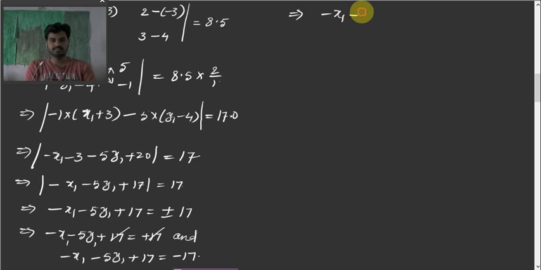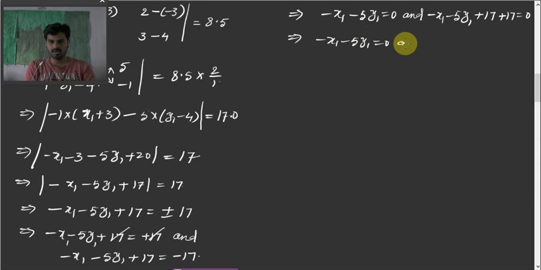Now minus x1 minus 5y1 is equal to 0, and the other one is minus x1 minus 5y1 plus 17, bringing the right hand side answer to the left hand side, plus 17 is equal to 0. Now minus x1 minus 5y1 is equal to 0, and minus x1 minus 5y1 plus 34 is equal to 0.